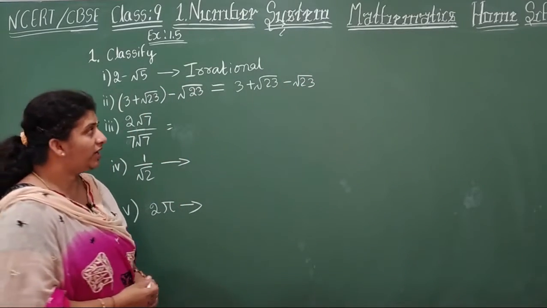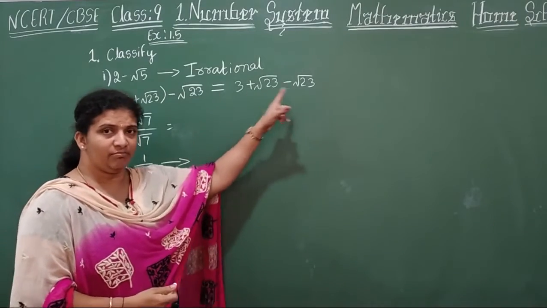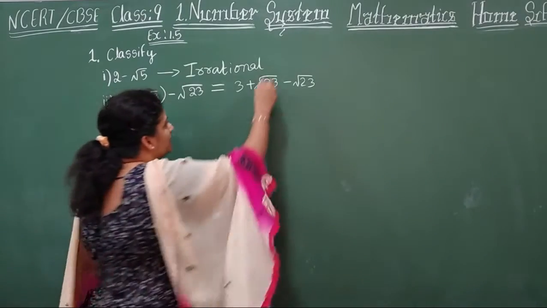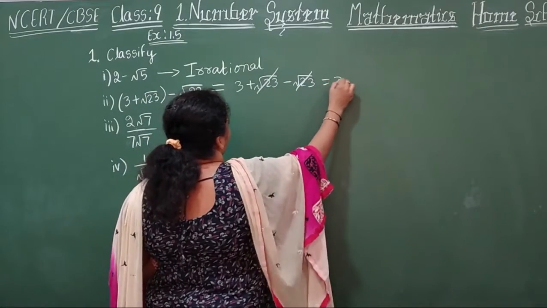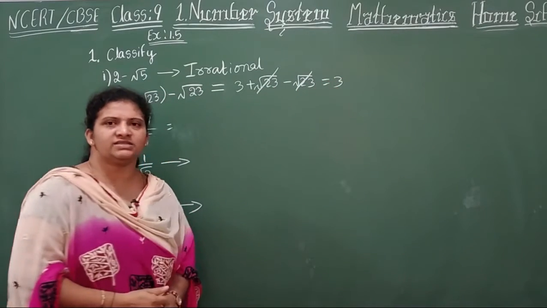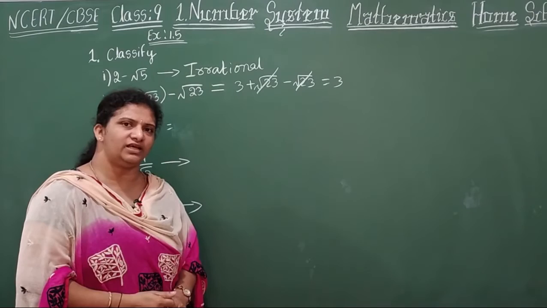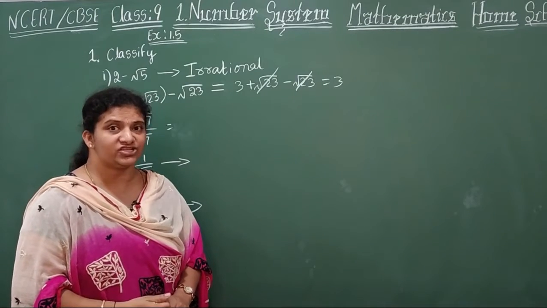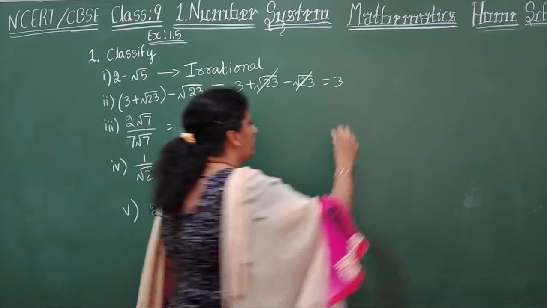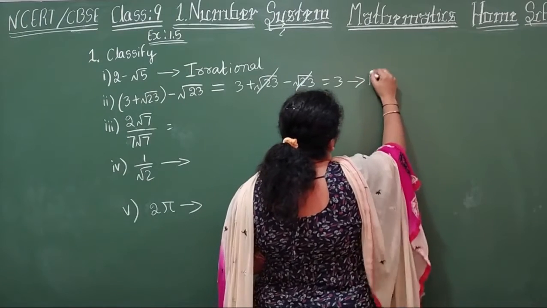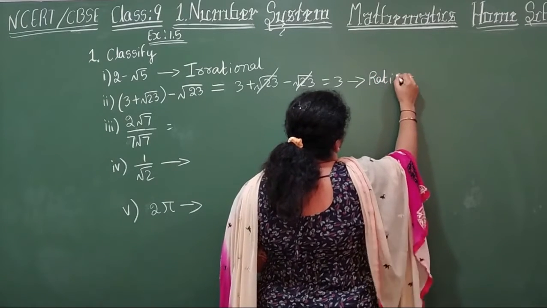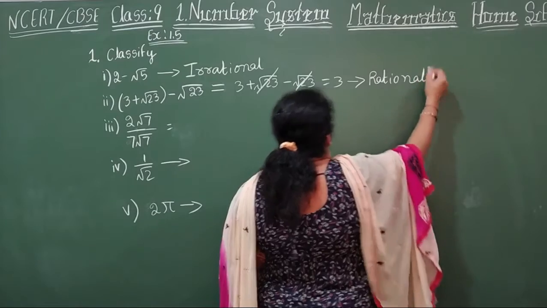So what you can do here, plus root 23 minus root 23, what happens? Cancel. Finally we got here 3. What is 3? Is it a rational or irrational? 3 is a rational number. Therefore 3 is rational. Okay.